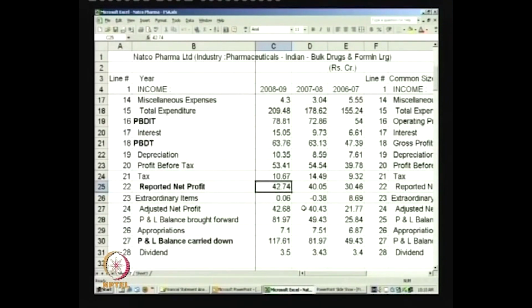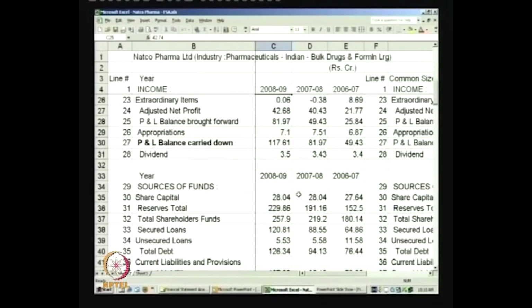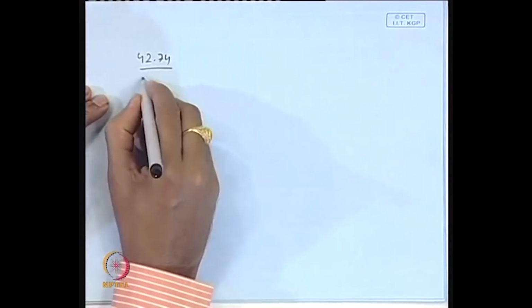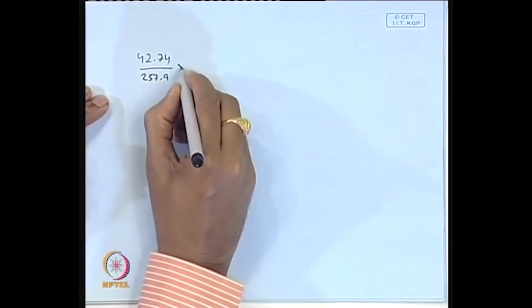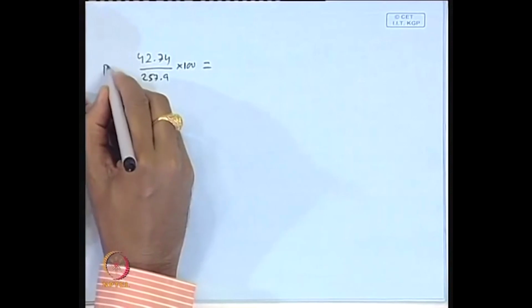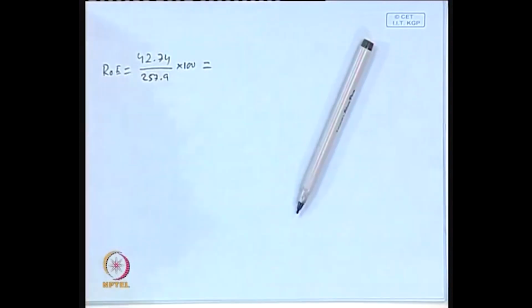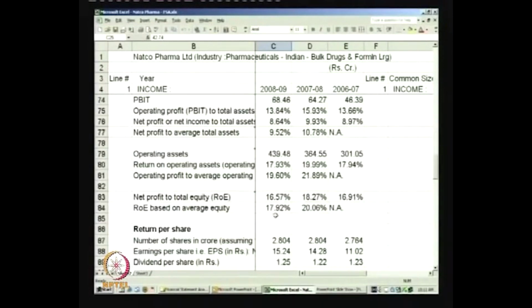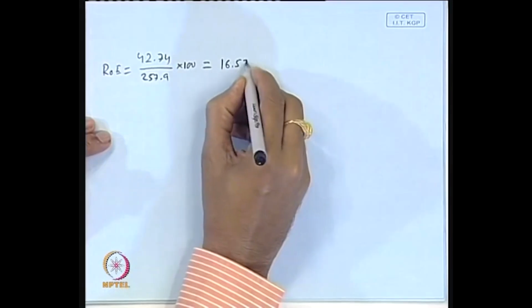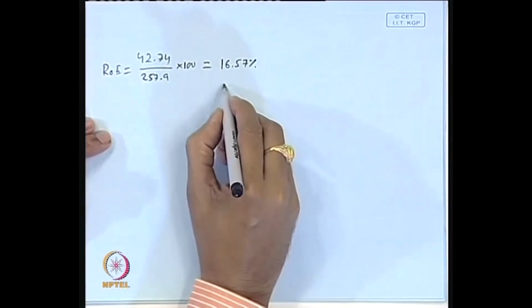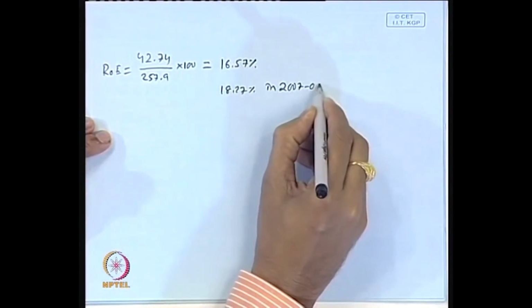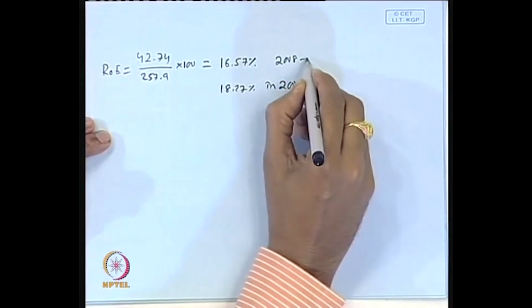So, 42.74 divided by 257.9 into 100 gives the return on equity of this company for the year 2008-9, which is 16.57%.